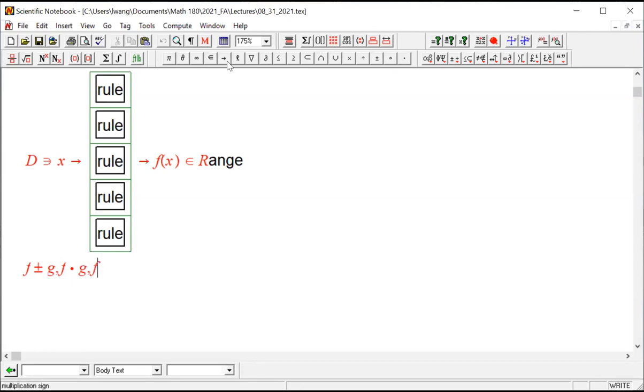And then one function divide by another function, right? And what is more, have you learned about F composite G? So from these basic functions, we can add, subtract, multiply, divide, compose. How many functions do you think we can produce? Infinite.